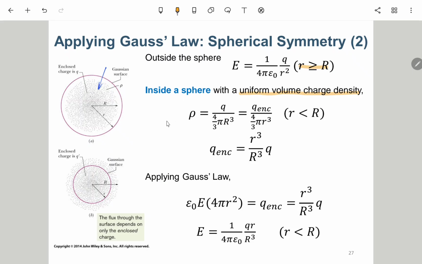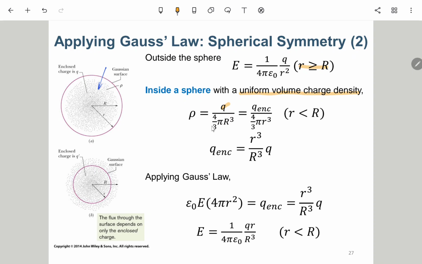So here we need to define this volume charge density rho. Rho is Q, the total charge of the whole sphere, divided by 4/3 pi R cubed, which is the volume of a sphere.